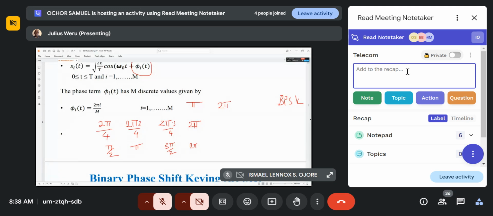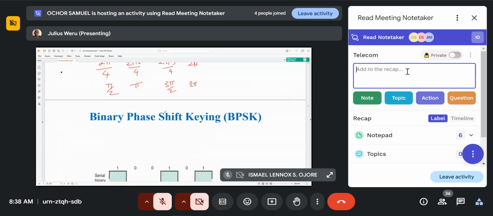It depends on M. If you are carrying 3 bits, I hope you are okay with that. You have done that already. When I talk of carrying 3 bits, you understand what I mean, because when you're carrying 1 bit, that's binary. If you're carrying 2 bits, that is this case. This is the binary case. But again, we are going to look at that when we look at multi-level signaling.